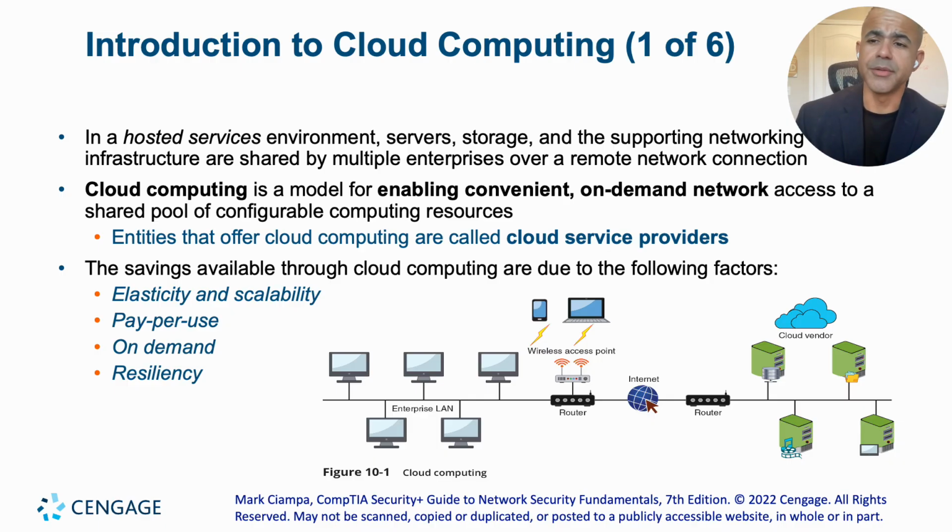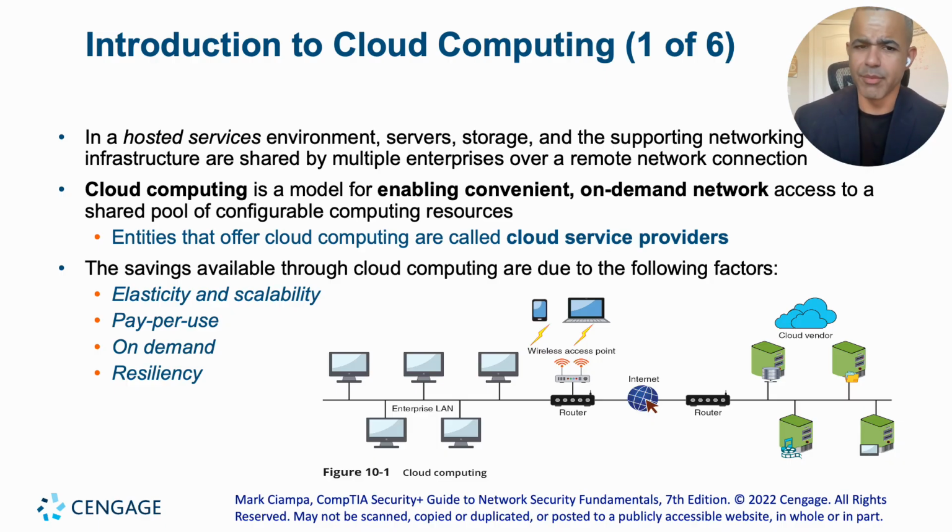If I don't need my own data center or my own place to host all of these devices, then I can just hire Amazon or Google Cloud or somebody who already has the infrastructure in place and I can use their facilities, right? It's also on demand. It's there when you need it. You don't necessarily have to have it on the side, almost like a hot or warm site. And it also has the capability to provide resiliency.